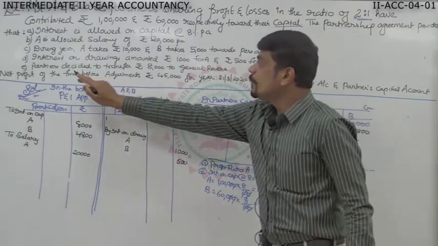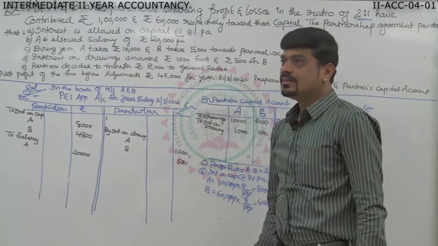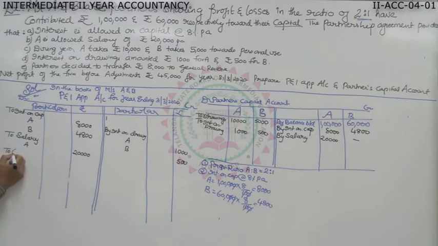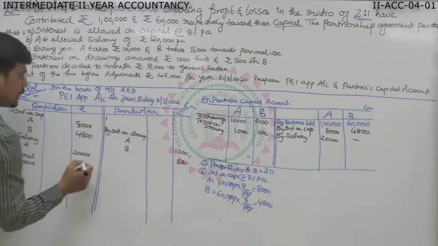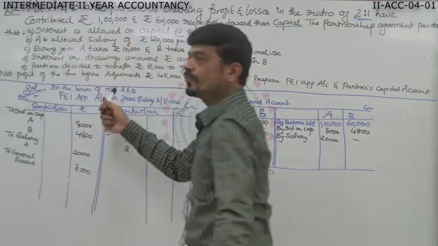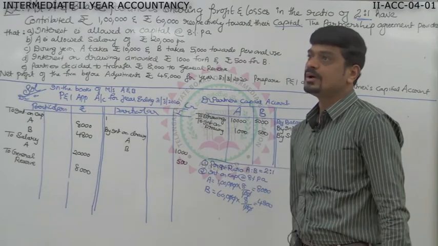Then partners decided to transfer 8,000 to general reserve. So again, profit and loss appropriation. Only one effect now. Later we'll show in the balance sheet. So to general reserve. How much they told? 8,000. 8,000 we wrote. Then comes the focus point. How much was the profit? 45,000.